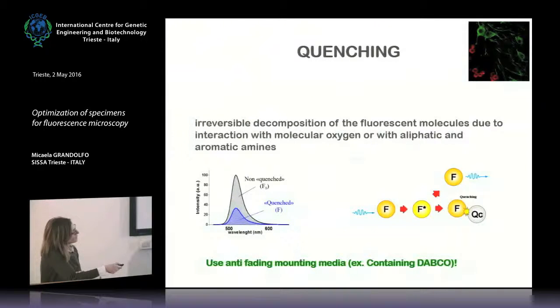It goes to an excited state, and then it goes back to the ground state emitting light. Or in presence of a quencher, there is this collisional quenching that moves the fluorophore to the ground state without emission of light. Okay, you cannot avoid this phenomenon. You can just try to reduce it using anti-fading molecules in your mounting medium.